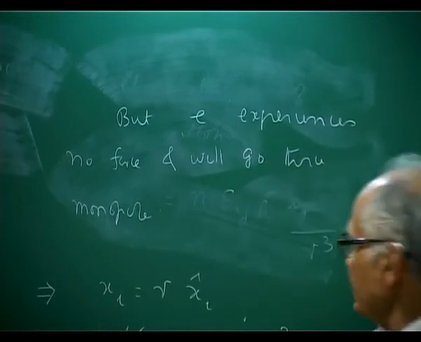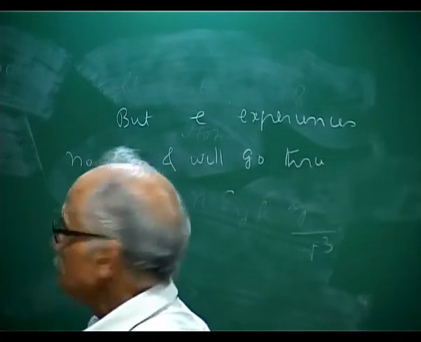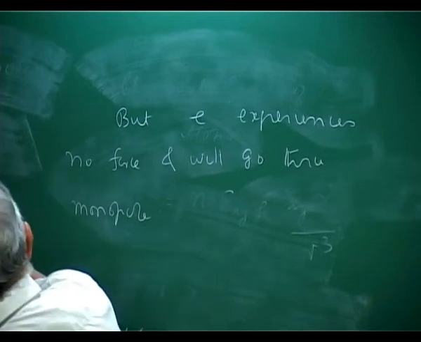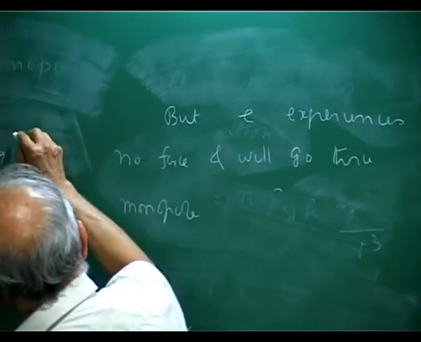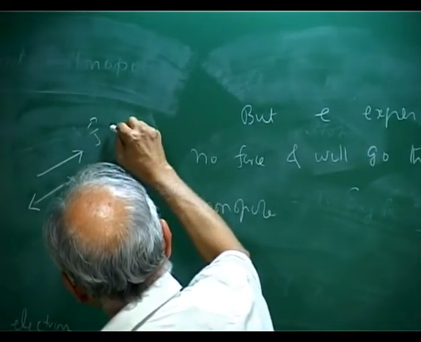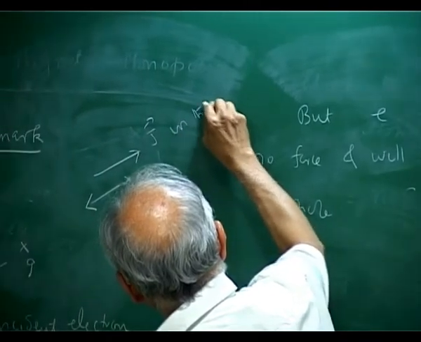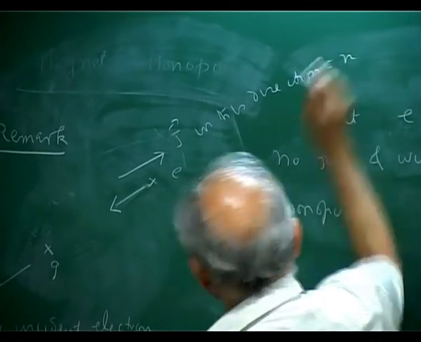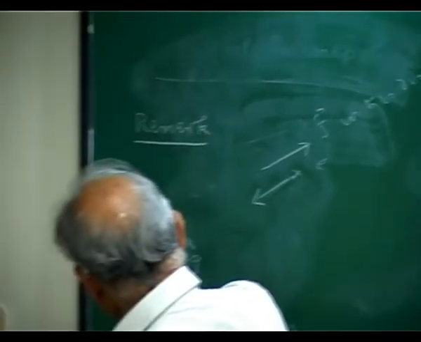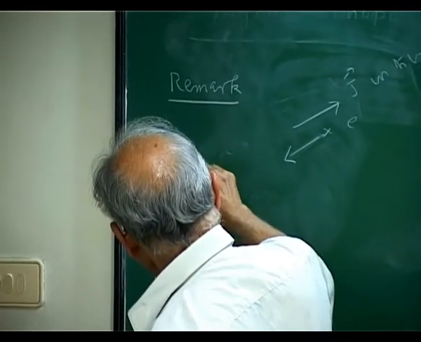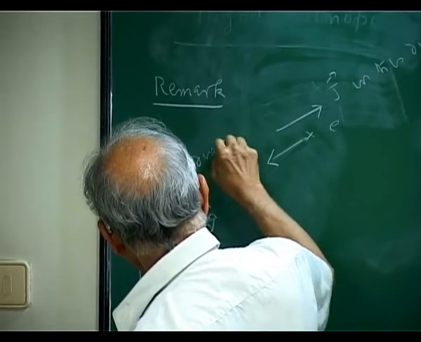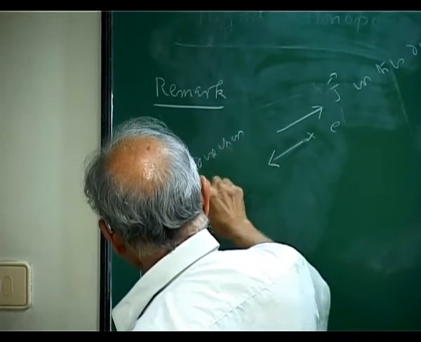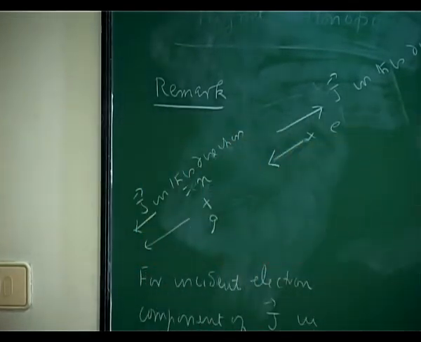But after it has emerged, so initially the component of angular momentum J in this direction is equal to n. Right? Now after, what happens, J in this direction is equal to n, right?